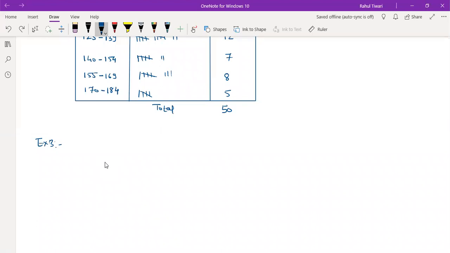Prepare a frequency table taking class intervals as 40 to 50, 50 to 60, and so on.